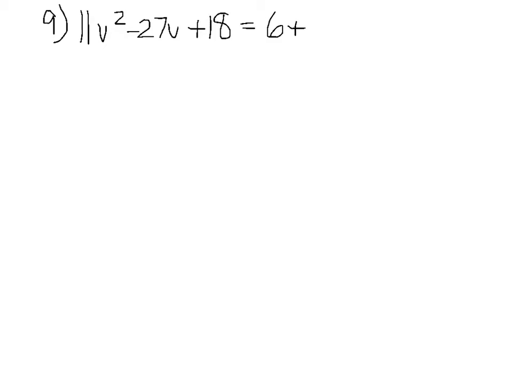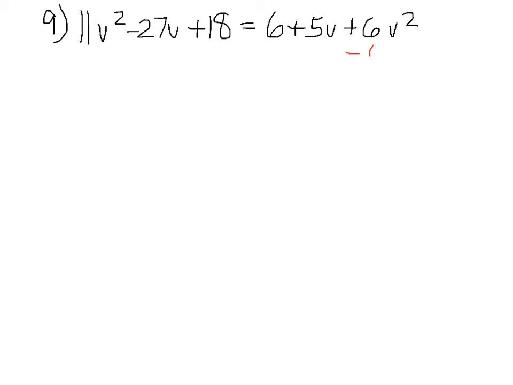6 plus 5v plus 6v squared. Okay? So first thing we're going to do is get all of the terms on one side, standard form. Whether we're doing quadratic formula or just solving by factoring, we want to do that.